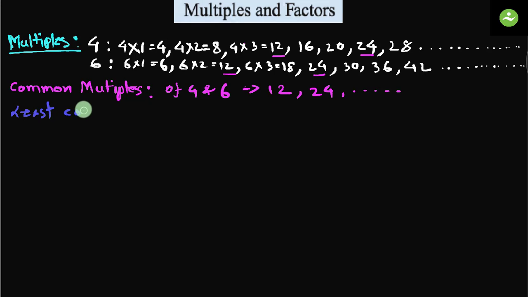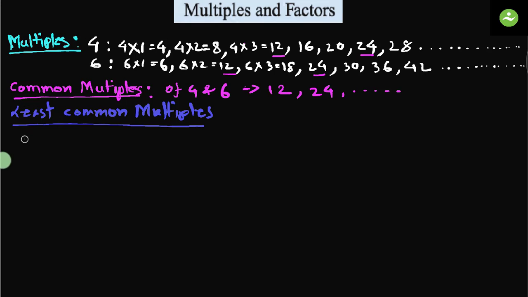Now we learn about least common multiple. By least we understand it is the smallest. To find the least common multiple, let us look at the list of common multiples.